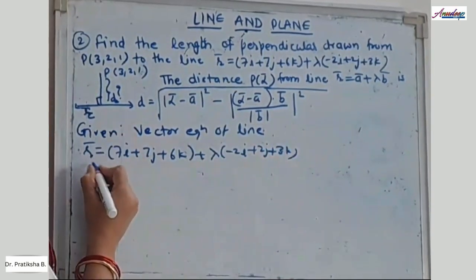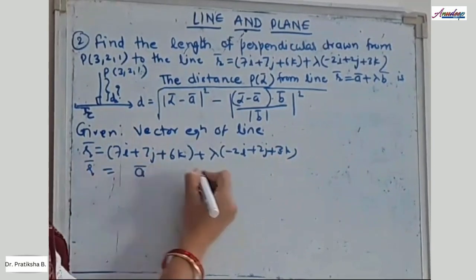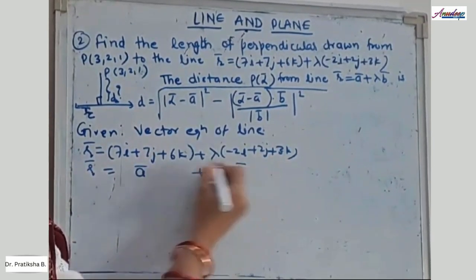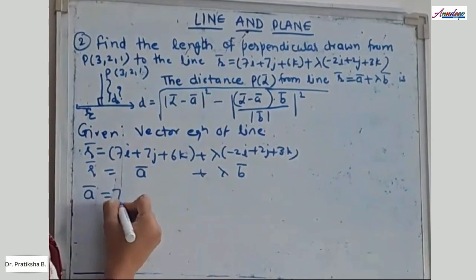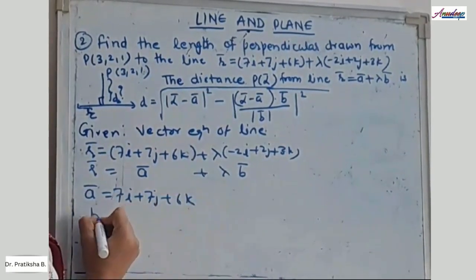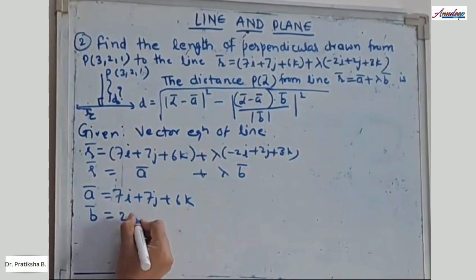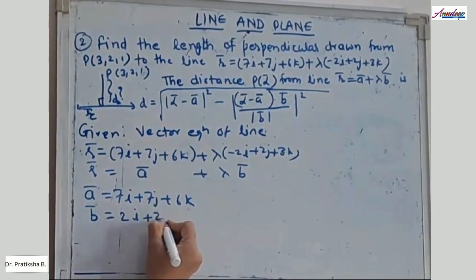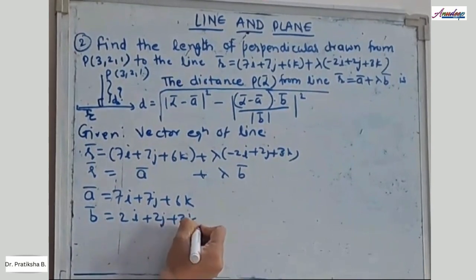Comparing with the standard form of the vector equation, a vector plus lambda b, the a vector is 7i plus 7j plus 6k and the b vector is minus 2i plus 2j plus 3k.